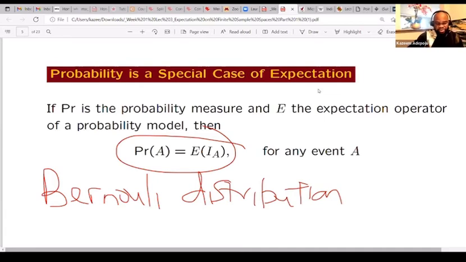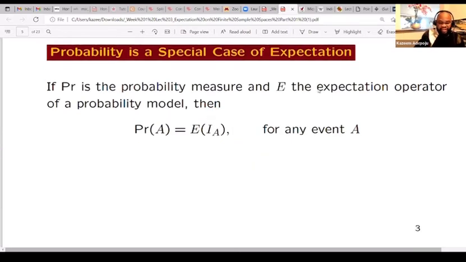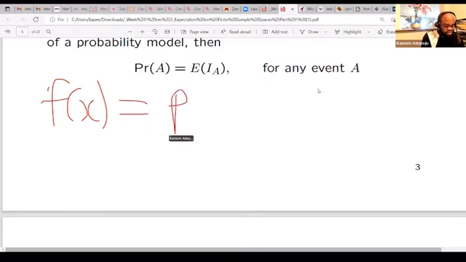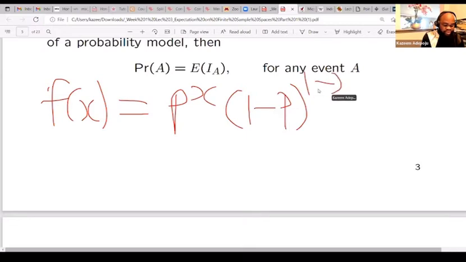We use it to model a dichotomous variable, where the random variable can be either 0 or 1. Remember the f of x for Bernoulli is p raised to power x times 1 minus p raised to power 1 minus x, and the range of x is 0, 1.